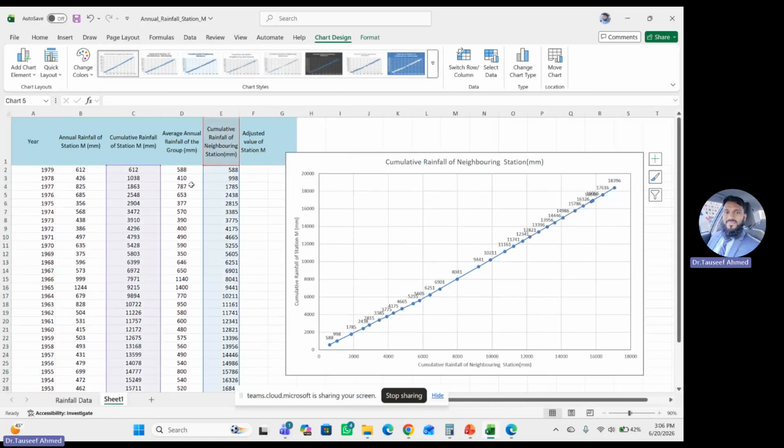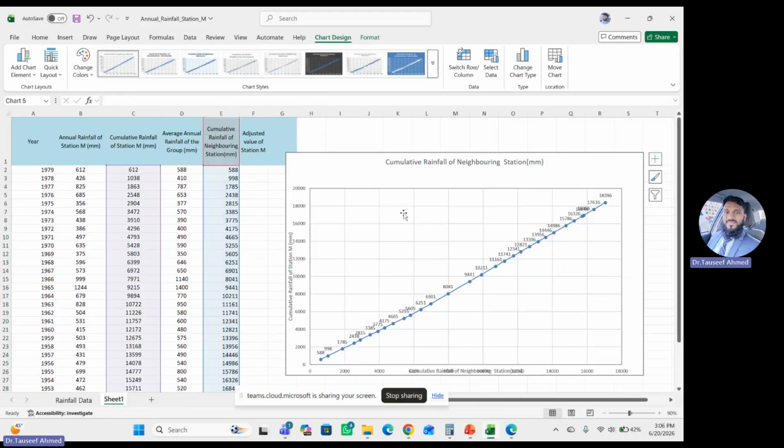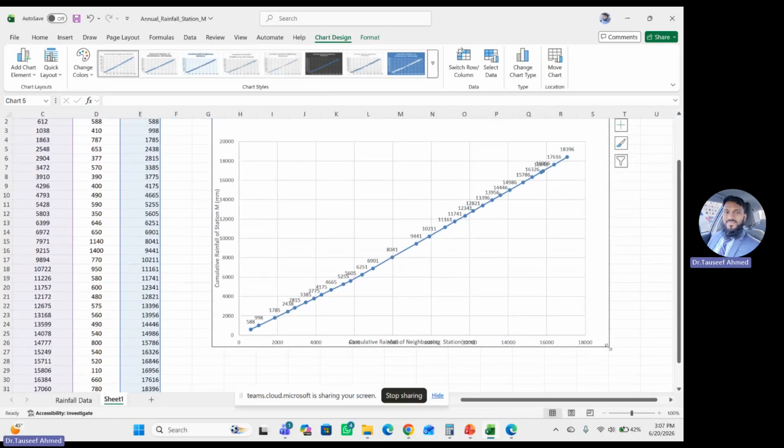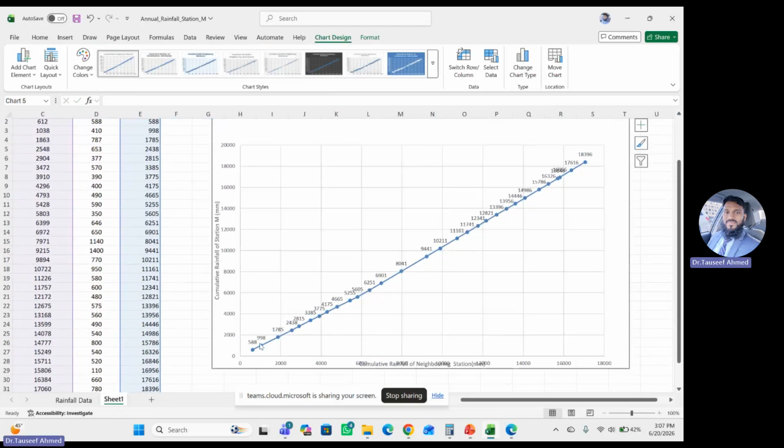You will see these values 588, 599, 98, then 1785. Can you see here? If I make it larger, it will be more clear. You can see this from the bottom up to 18,396.